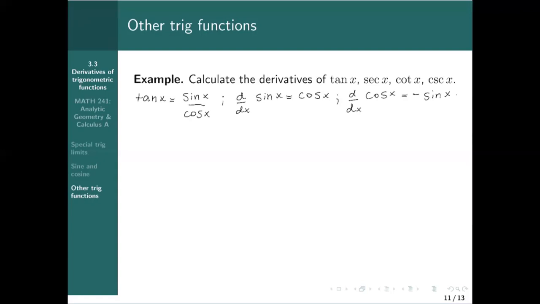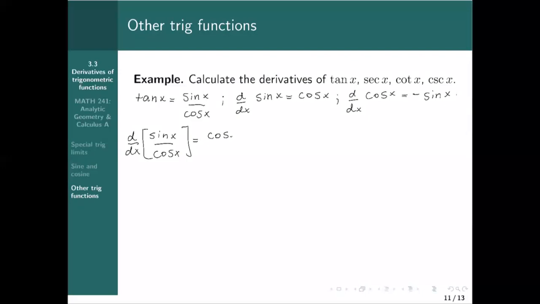So we are going to apply the quotient rule to obtain the derivative of tangent of x. You can remember that trick that I told in a previous video. So the derivative of a fraction is low d high minus high d low over low square. So we're going to have low times d high.